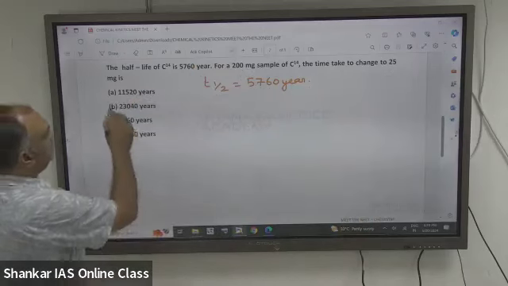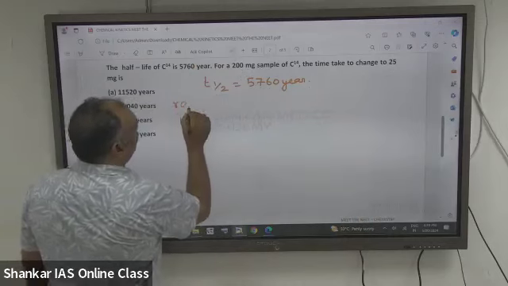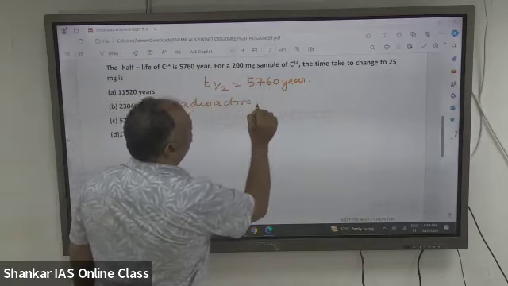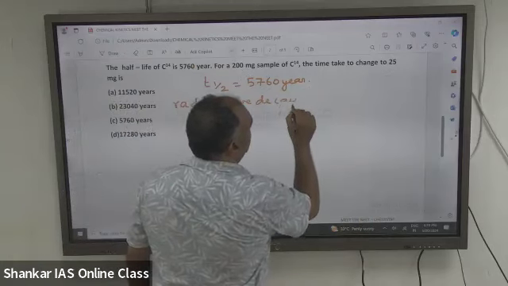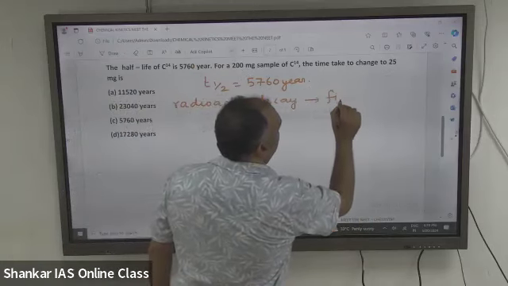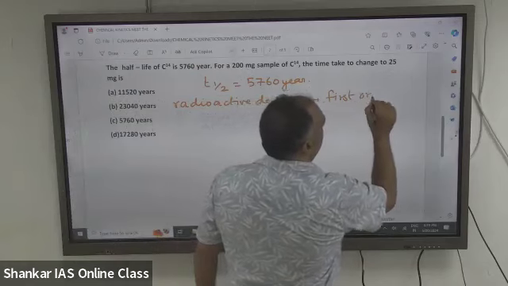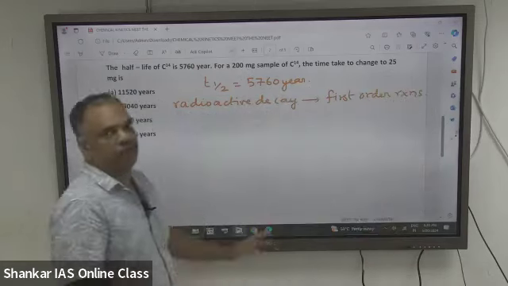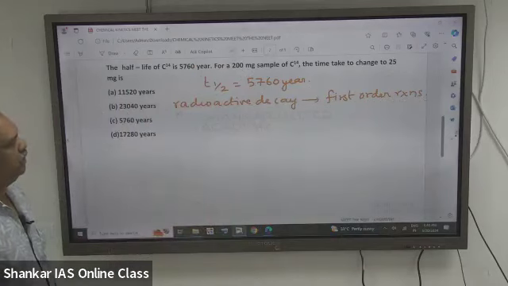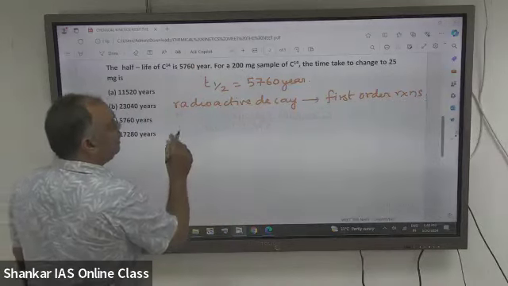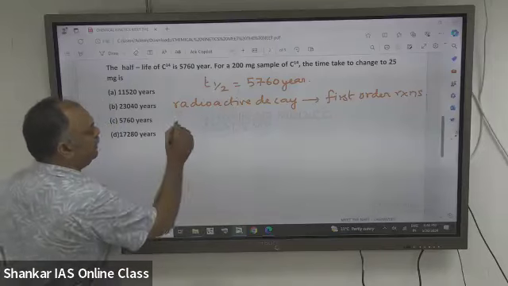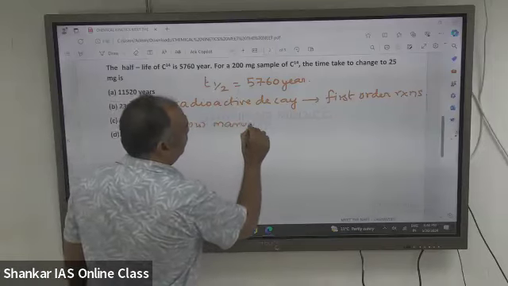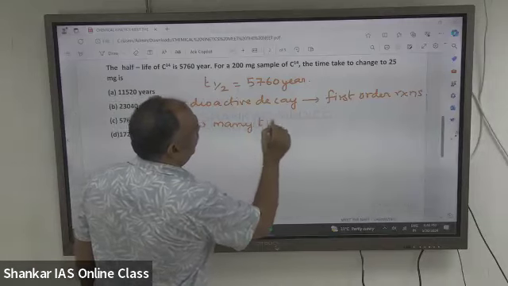Now, this is an example of radioactive decay. And radioactive reactions are first order reactions. So we can use our easy approach to solve this problem. We will find out how many T halves there are.